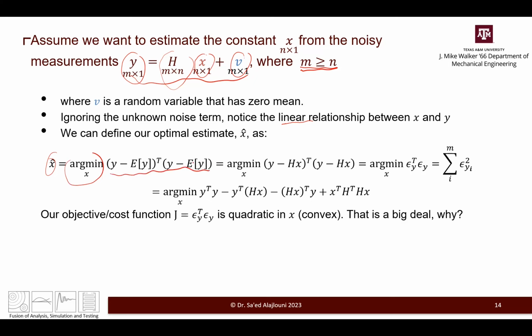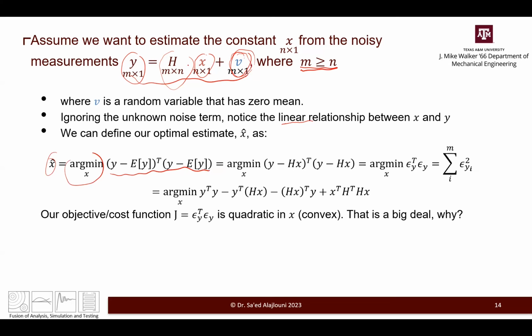The cost function is going to be y minus the expected value of y. Remember, the expected value of v is 0, so the expected value of y is nothing but Hx.